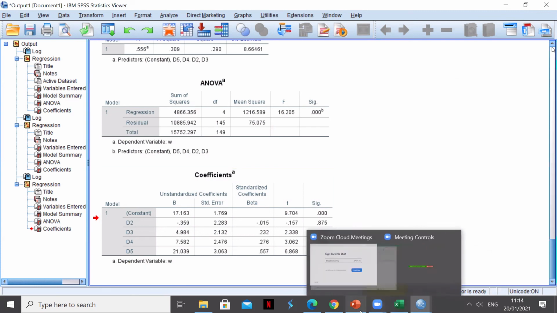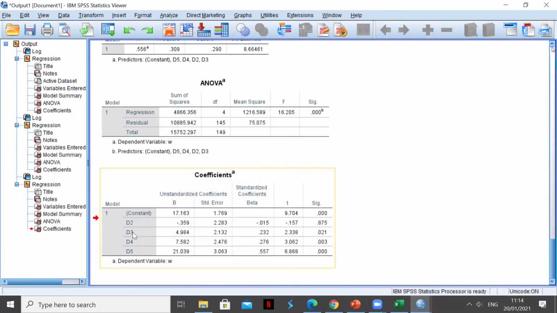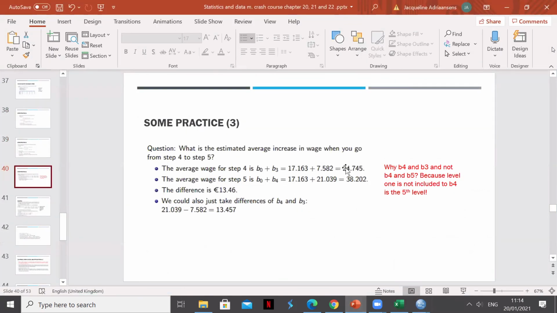But there's also another way to do it. You take just the average wage for step 4, where dummy 2, dummy 3, dummy 5 are of course 0 because you have level 4. What's the wage if you are at level 4? It's of course this one plus your constant, because you always have your constant, and the value is 1 for this one because you have level 4. You take those together, and you get this number.